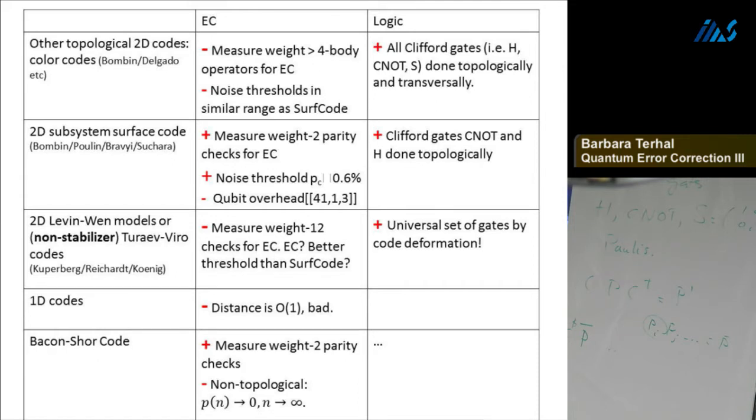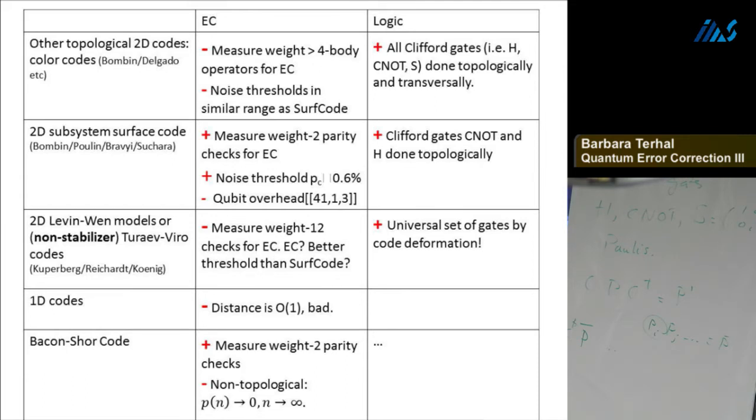There are also two-dimensional subsystem topological codes. One nice proposal was by Bombin, Poulin, Bravyi, and Terhal, which defined a subsystem surface code where the parity checks are weight 2.